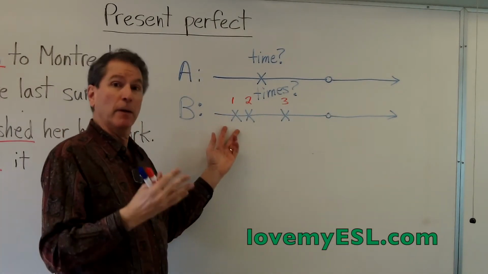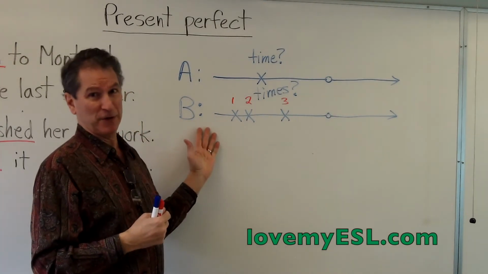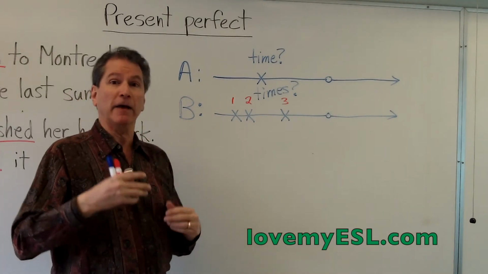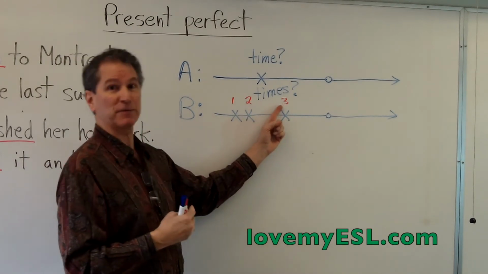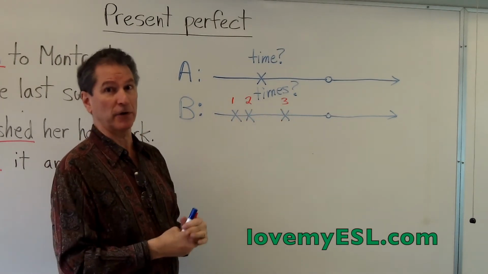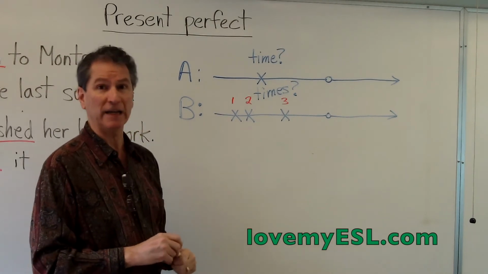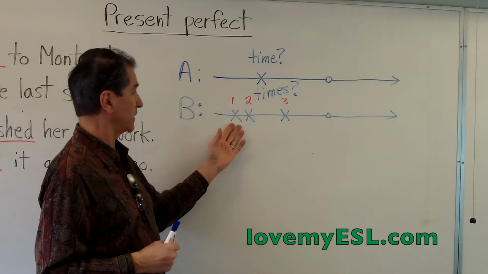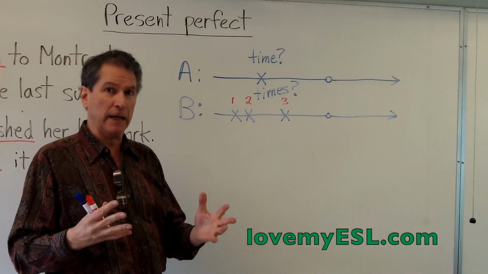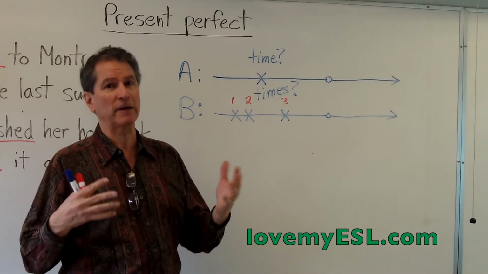But when you have a number, by the way, you're always going to use the present perfect. If you say, I have had 3 cups of coffee this morning, have had because 3 cups of coffee, that's a number. So you're going to be using the present perfect with any number. There are also words that are like numbers in the present perfect. Things like many. Well, how many is many? 4, 5, 6.